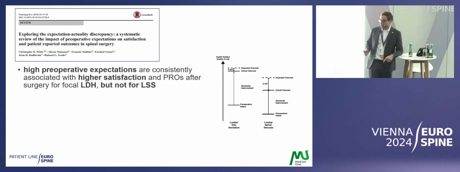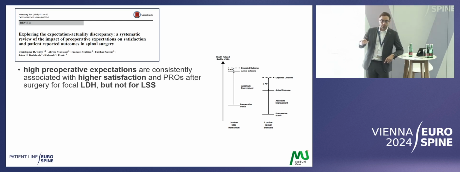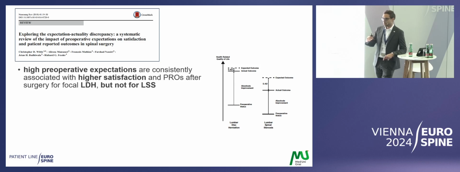And what is interesting to see again is that it differs between pathologies. So they compared lumbar disc herniation and lumbar spinal stenosis. And what they saw is that in patients with a lumbar disc herniation, if they had a higher expectation prior to surgery, they actually did better after the surgery. Whereas in lumbar spinal stenosis, higher expectations were associated with a less satisfied, worse outcome.